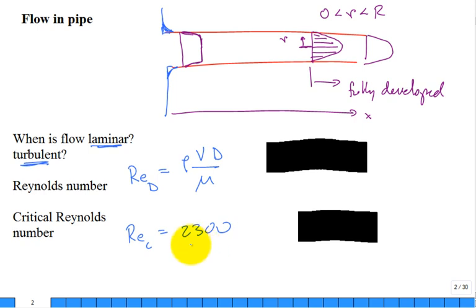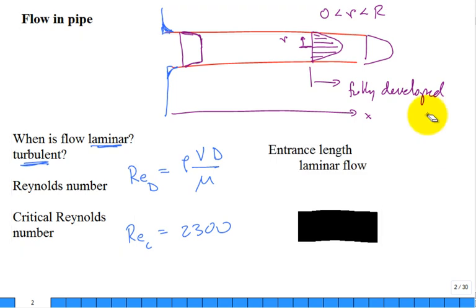Can you have it laminar longer, a higher Reynolds number? Yes, but it has to be very quiescent. I mean, just no vibrations in the system. But often in a mechanical plant and other things, you do have turbulent flow. It's more common to have turbulent flow in pipes than laminar flow.